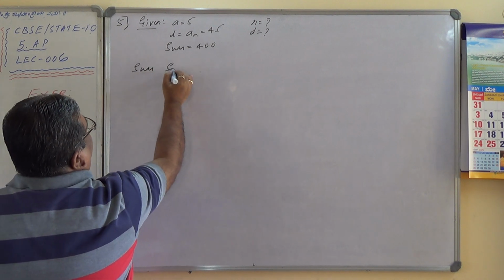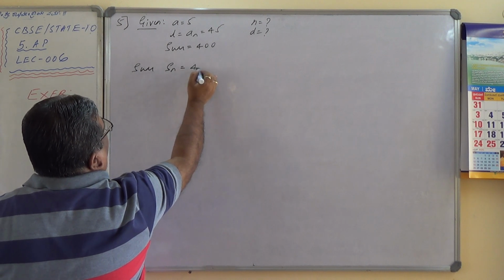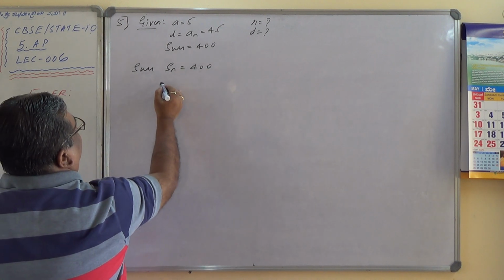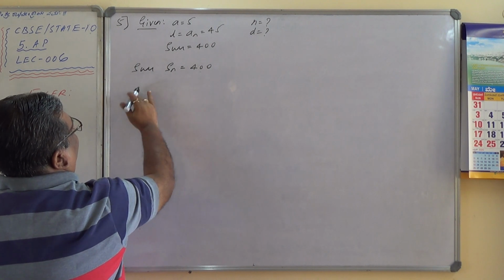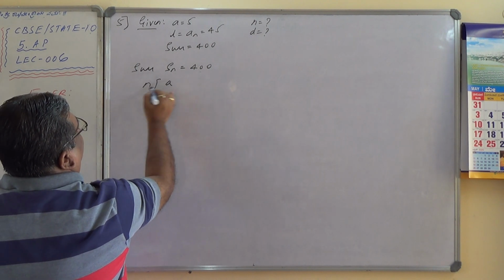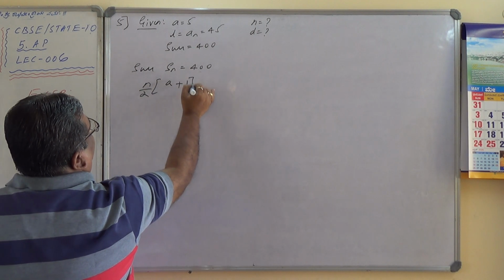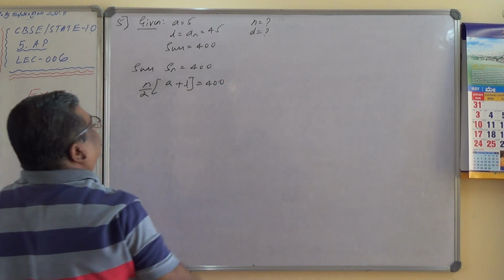Sum Sn equals 400. A plus L into n by 2. N by 2 into bracket A plus L equals 400.